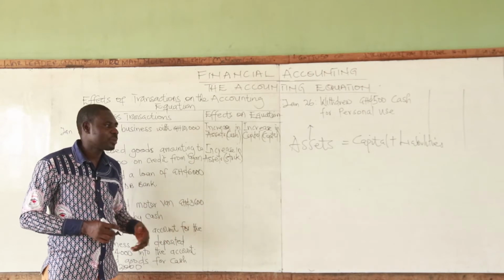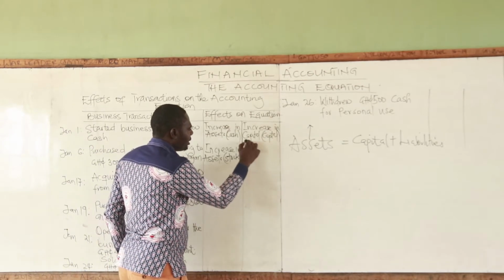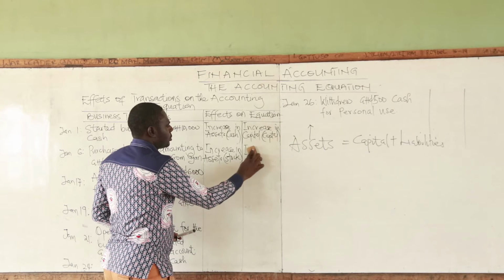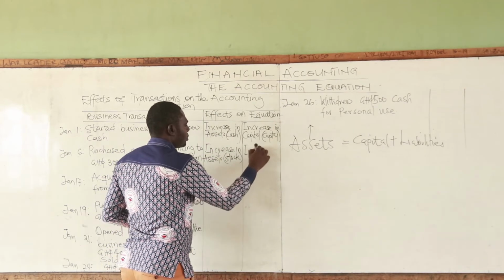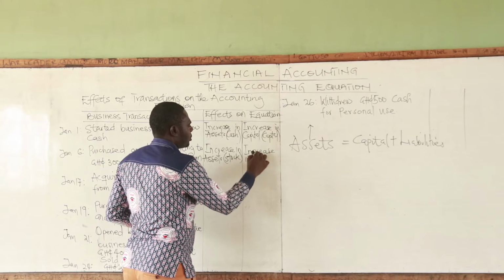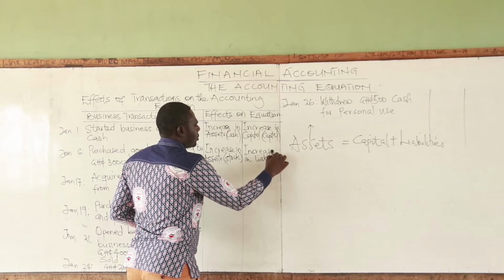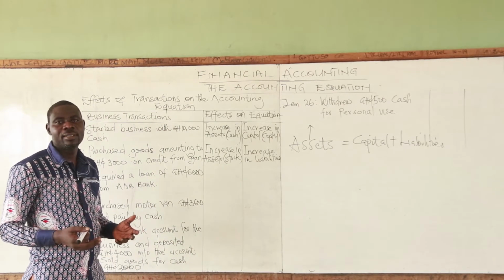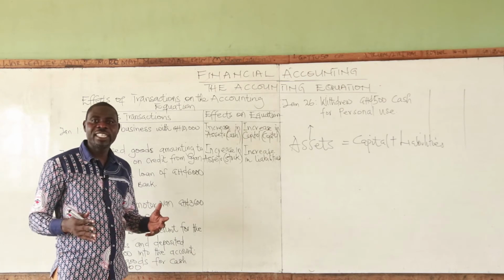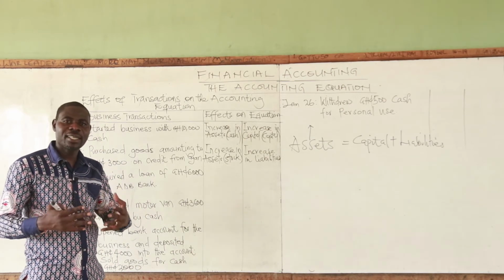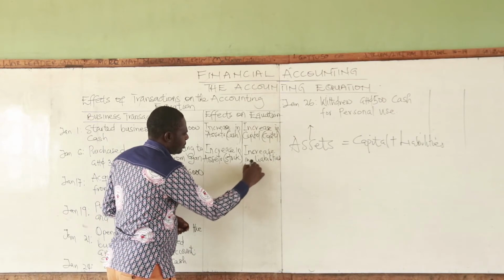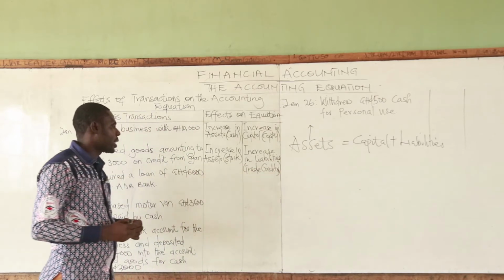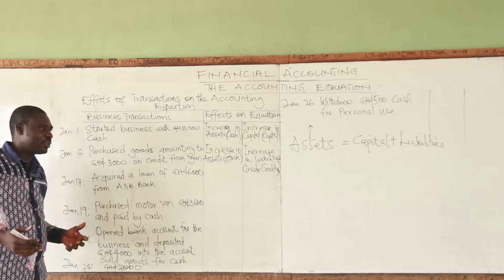A liability. So, increase in liability. And what do we call it? Trade creditor. Trade creditor. So our liability has increased.